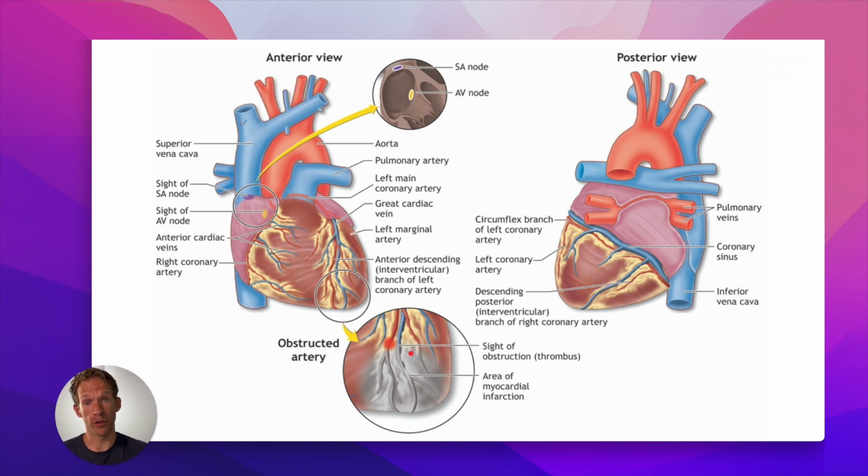And like I said before, if it's a small area, it might not be really problematic, but if it's a bigger area, it definitely will be very problematic. So a heart attack, a myocardial infarction, is definitely something that you as a physio will encounter. So it's important to understand the different levels and what the possibilities are later for exercise that is still possible, for example.